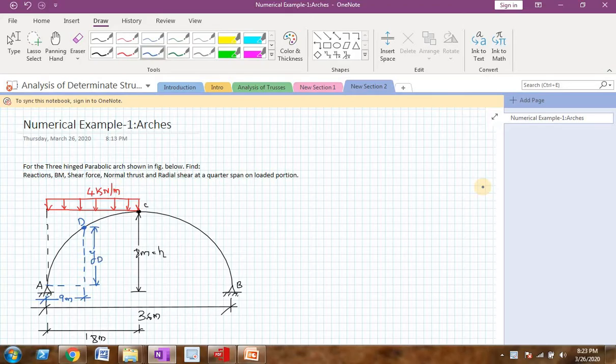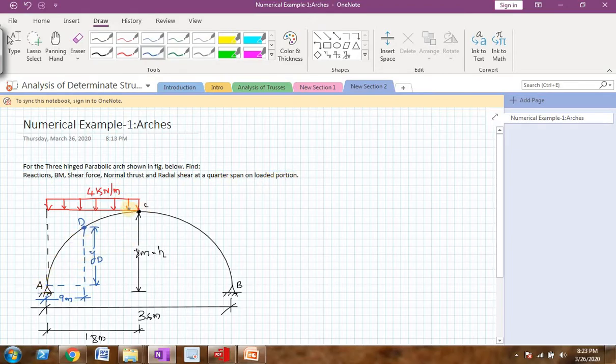Now here the problem is, for this three hinged parabolic arch as shown in the figure below, we need to find reactions, that is reactions at A and B. So total 4 unknown reactions will be there and we have to find them. Bending moment, shear force, normal thrust and radial shear at quarter span on the loaded portion.